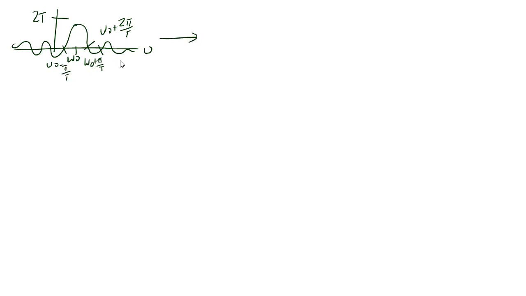And the limit as t approaches infinity would become a shifted impulse at omega naught, and the area under that impulse would be 2 pi. So this would be 2 pi delta of omega minus omega naught.